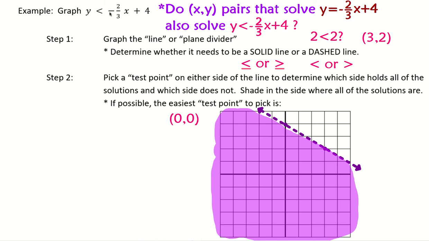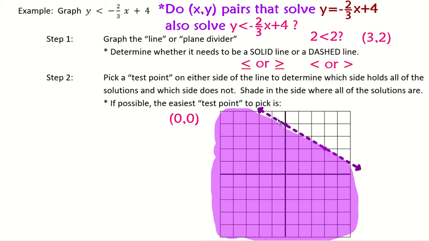Yeah, because over here would ultimately just be 4, and 0 is less than 4. So that is in fact a solution, because it lives in the shading. To repeat and summarize, you can do a test point, (0, 0) if possible, would be easiest, or you could go with the shortcut: less than or equal to, you shade below; greater than or equal to, you shade above.